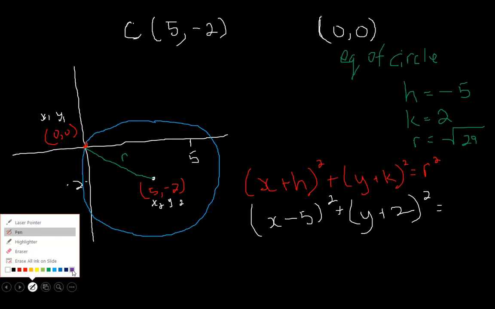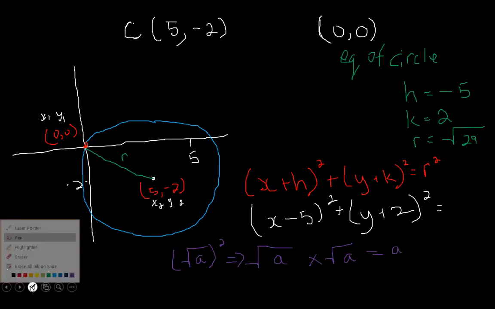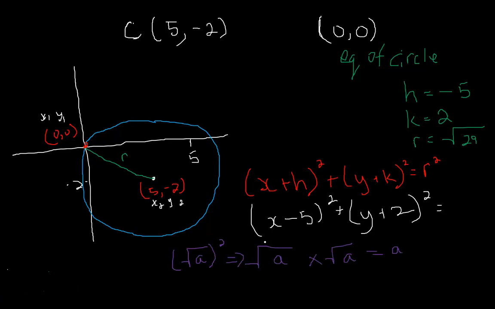But remember the rule, the square root of A times the square root of A, AKA the square root of A squared, is equal to A. That means that the square root of 29 squared, which is also the square root of 29 times the square root of 29, would be equal to 29.